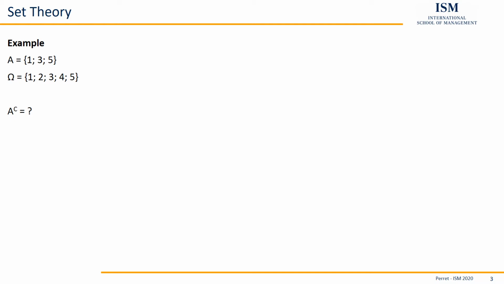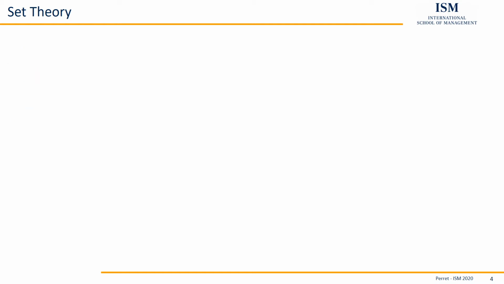So that's all the numbers which are in omega, but not in A. And well, here that's the 2 and the 4. So the complement of A, that's 2 and 4. Well, this already is the small example on this topic. So we can switch to the next idea.